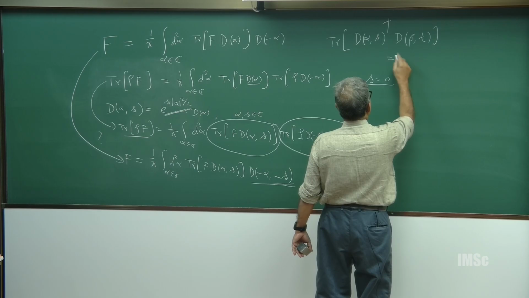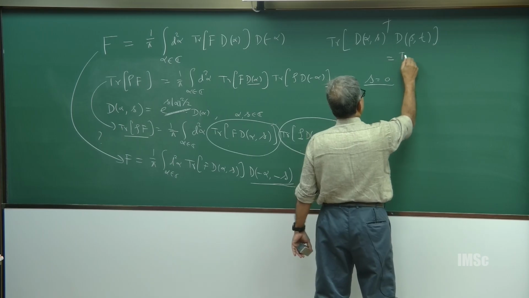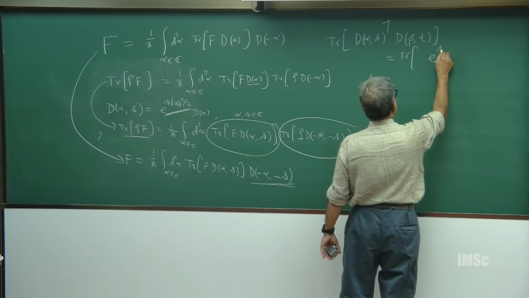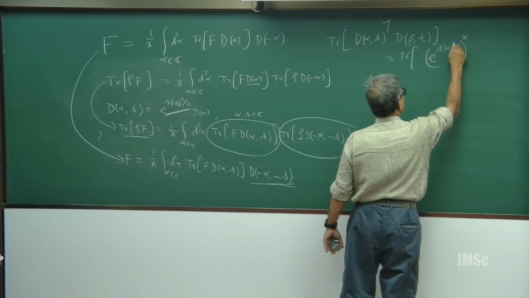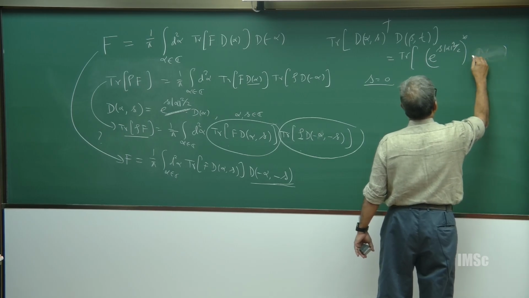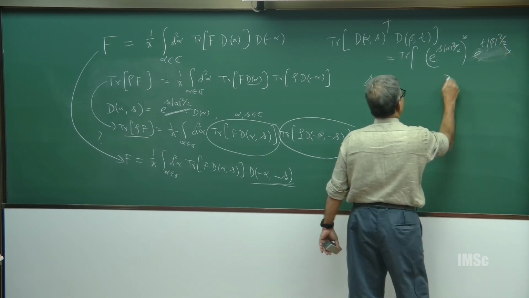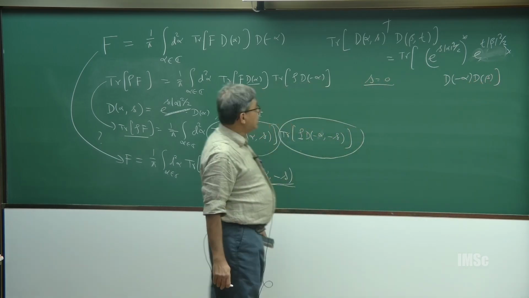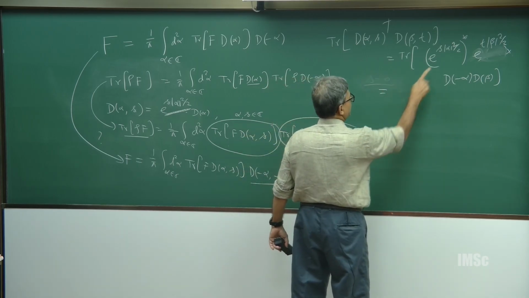So this is the trace of e to the power s mod alpha square by 2, star of this, then D(minus alpha), and e to the power t mod beta square by 2 into D(minus alpha) D(beta).